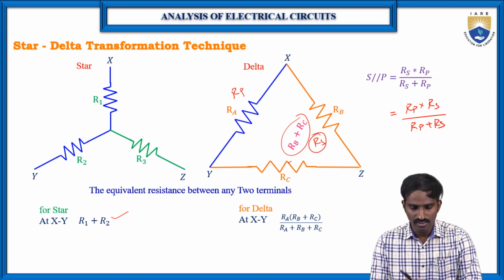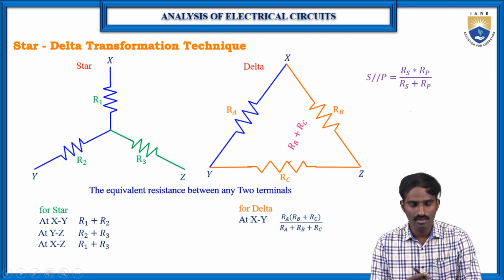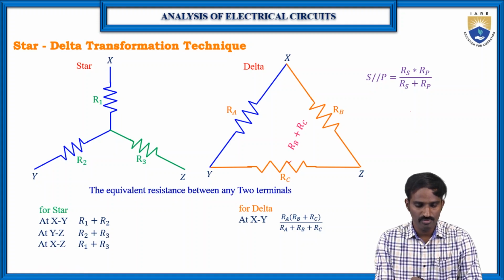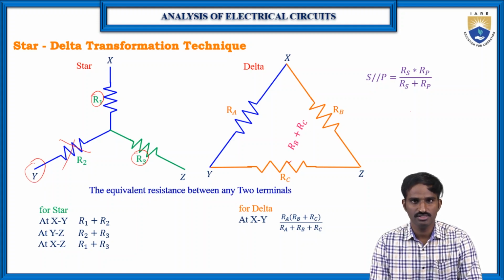Similarly, let us consider the next two terminals, Y and Z. Between Y and Z, what are the two resistors? R1 and R3 are there. R1 and R3 are connected in series, because when we are considering X and Z, then the Y terminal should be neglected, so this resistance we should not consider.